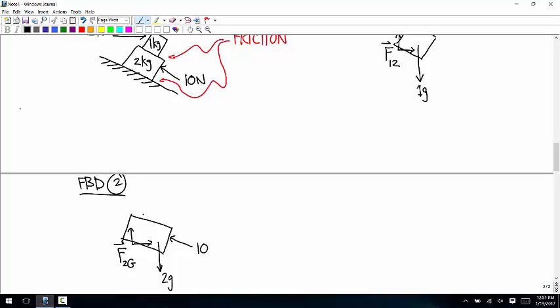And then at the top, we have the same contact force that we saw in that first free body diagram. You can think of it as the force on body 2 by body 1. And Newton's third law says that that's equal to negative F(1)(2).